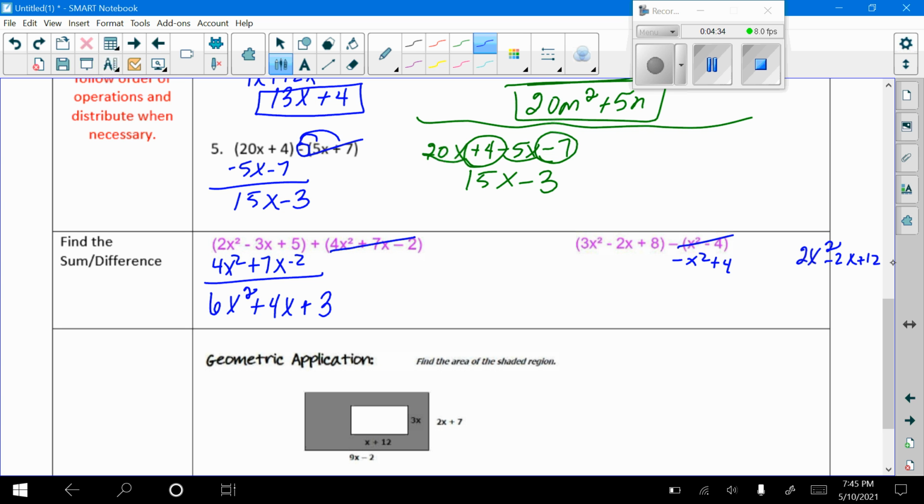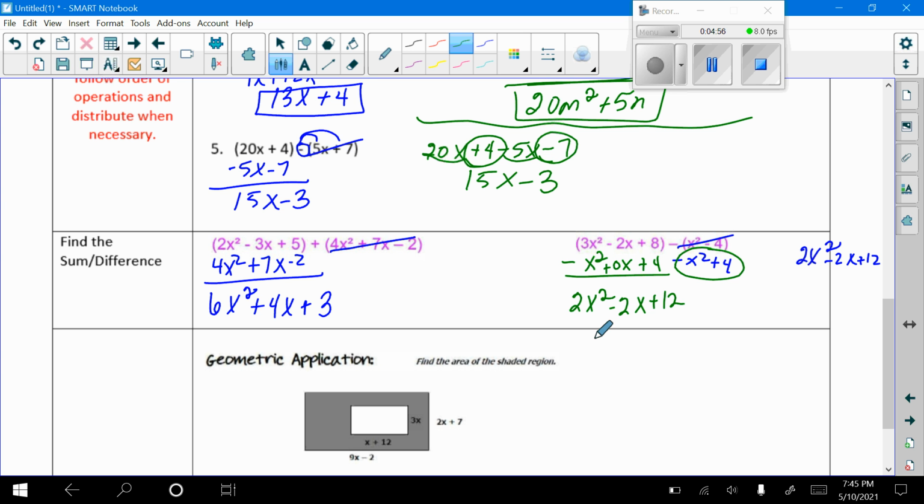If I were to have lined it up, I would have put this right underneath, and I would have said this is negative x squared, and I have a plus 4. I don't have any x's, so I would say plus 0 x's. And then I would end up with my 2x squared minus 2x plus 12. Either way, it works just fine.